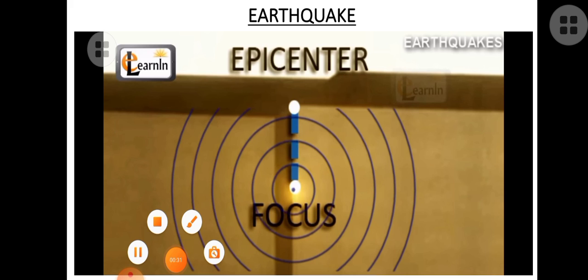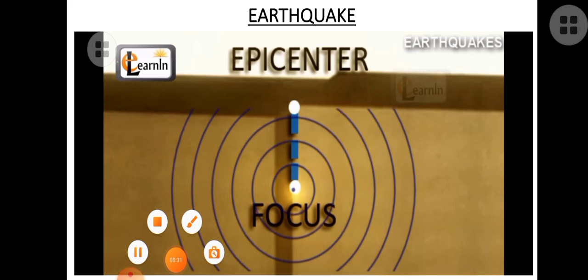In an earthquake, you have to look at two important things: one is the focus and the other is the epicenter. The focus is the point inside the crust where the earthquake vibration started.